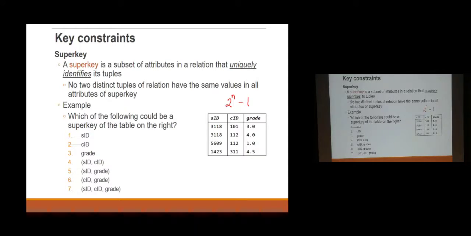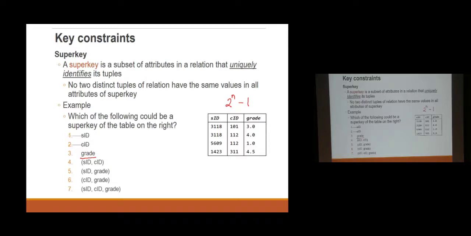So the other way you can look at it is, consider this. Grade. If you look at grade, it is already established that it is a possible super key, because anything that contains a grade is unique. So any attributes that contain grade will be a possible super key.